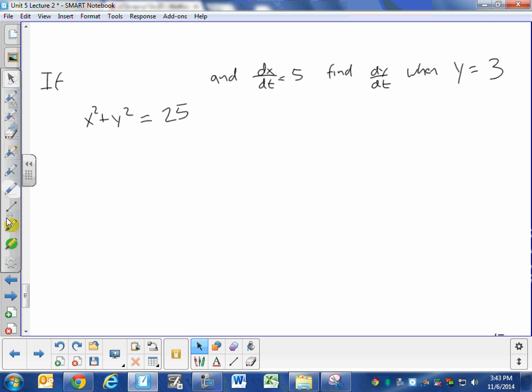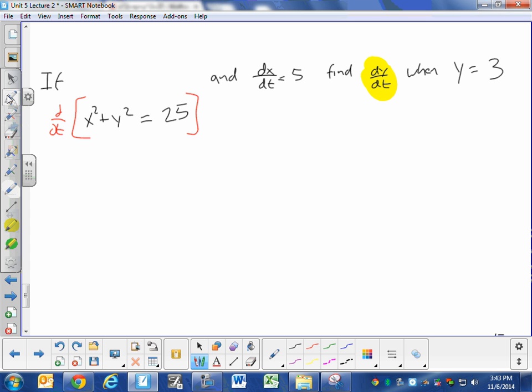Okay, trying to find dy dt, could have been dx dt, could have been whatever. I got some information, I got an equation. First step is to really produce an equation with the dy dt. I get 2x dx dt plus 2y dy dt equals 0.